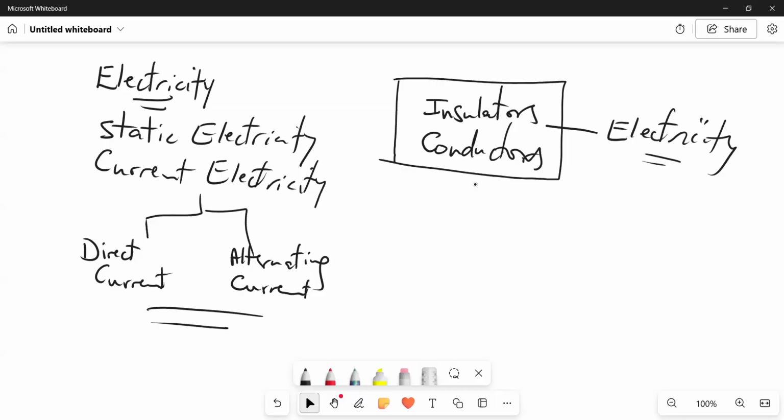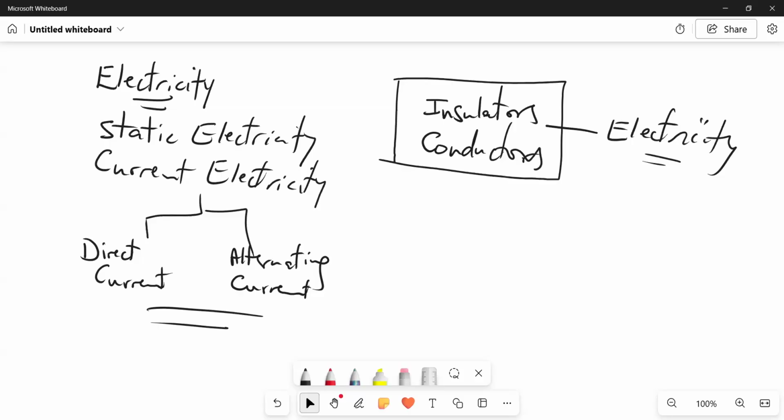Similarly, in terms of conductors, you find that materials that conduct electricity very easily may also pass thermal energy, or heat, very easily, right?